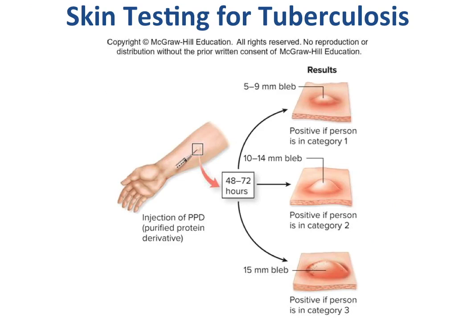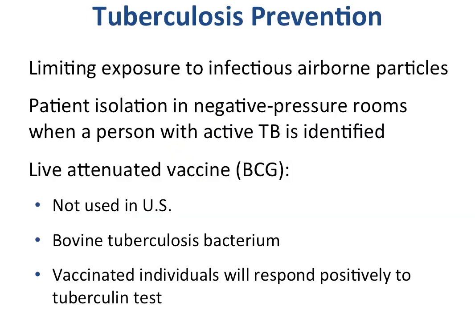So this is the tuberculin test. We inject PPD into the patient, and then we observe the skin reaction. If the bump on the skin is more than 10 millimeters in diameter, we can consider that positive.